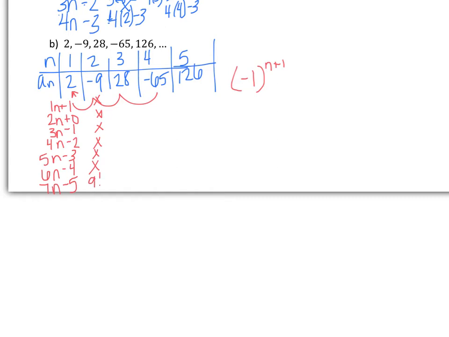Okay, so does that work for the next one? 7 times 3 minus 5. Oh, well, I didn't take into account my negative 1 to the n plus 1. So if this indeed works, it would be negative 1 to the n plus 1 times 7n and then subtracting 5.